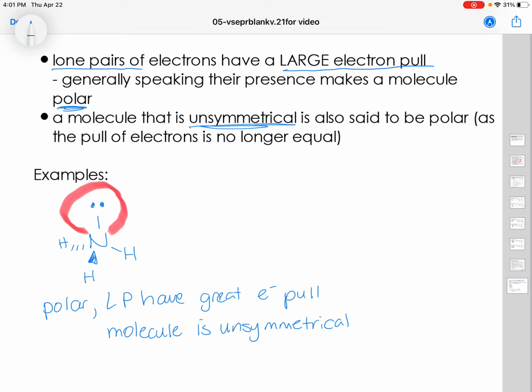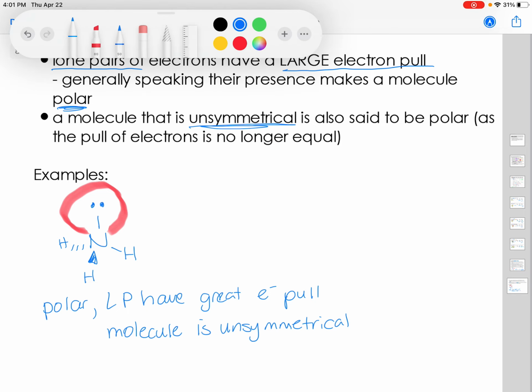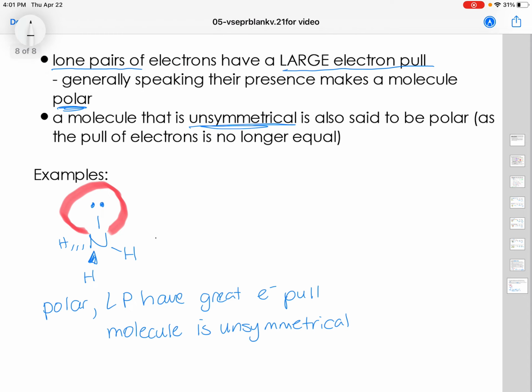That's probably it. You might also see something called a dipole moment. And really what it's just trying to show or trying to emphasize is that the pull of electrons is in a certain direction. So it kind of looks like an arrow. So the electron pull is towards the top of the molecule. And the way that they show the difference is they put a plus sign at the bottom.